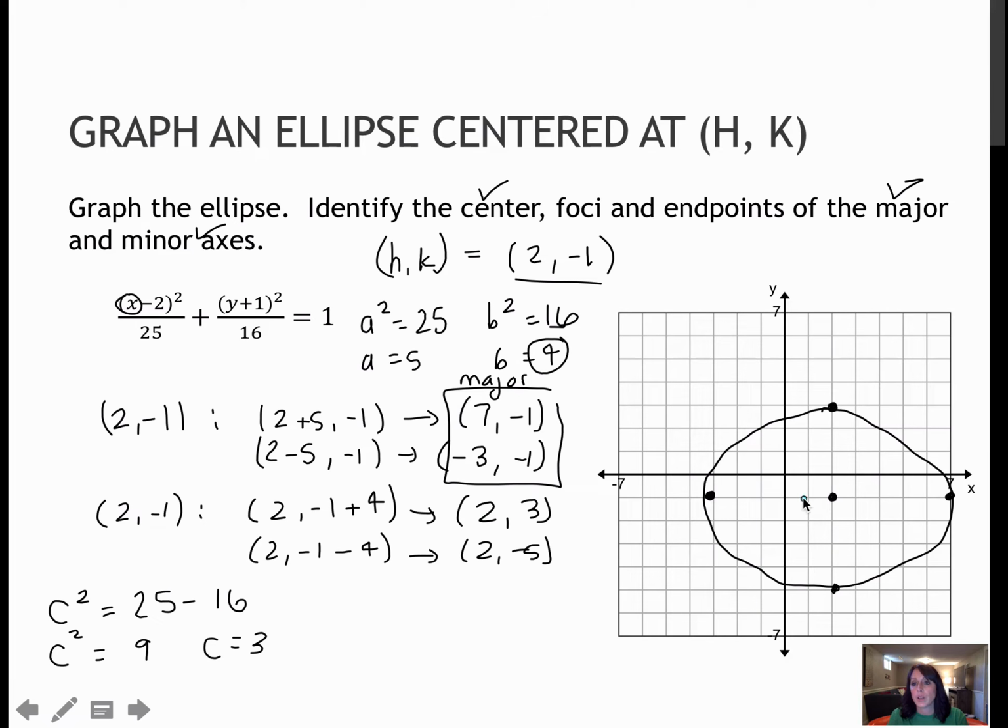And I'm going to go 1, 2, 3, and 1, 2, 3. Again, if I'm trying to find those points, I would start here, and on the x, I would subtract 3 and add 3. So starting here, I would subtract 3, which is -1, -1, and then I would add 3, which would be 5, -1.